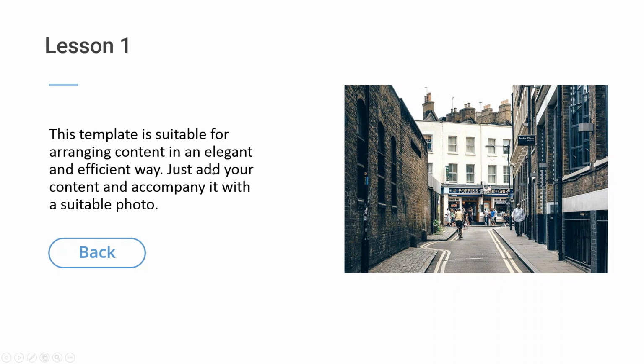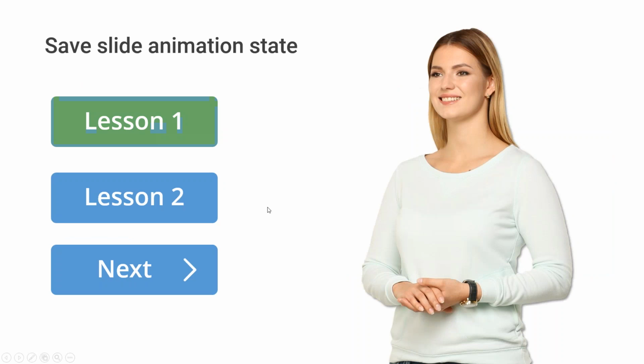This is, by the way, one of the templates I've used, and the button is also from the content library. I'm going to go back, and now you can see that it turns green. That's informing me that I've already read that topic. And it's made on PowerPoint triggers and fill color animation.